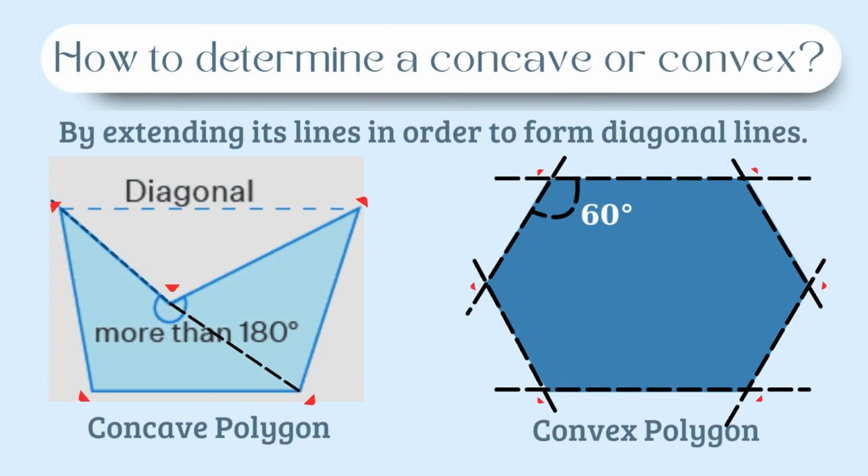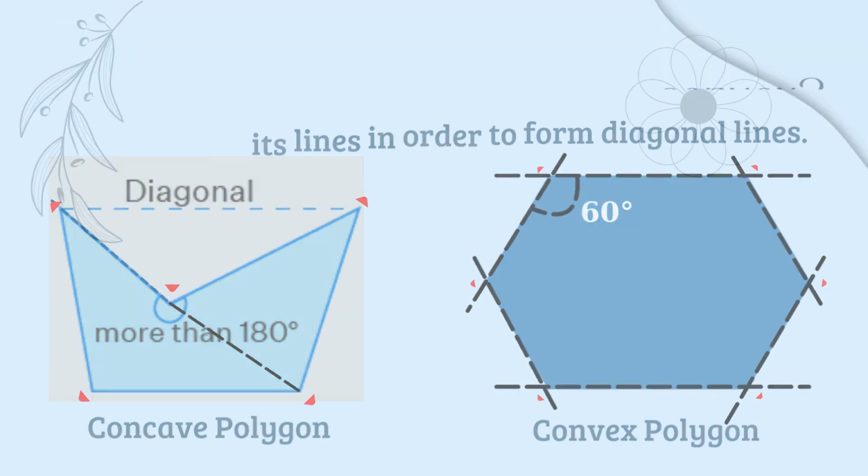We can simply determine it by extending its exterior lines. If the line intersects inside the polygon, it is a concave polygon. Meanwhile, if the lines do not enter the polygon, it is a convex polygon.